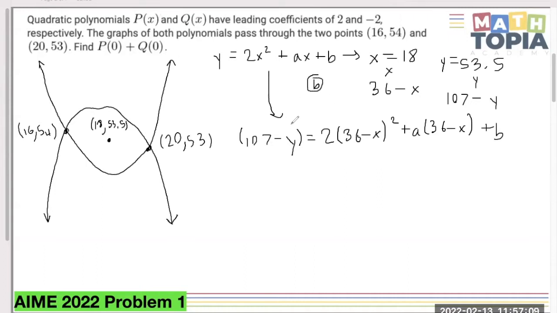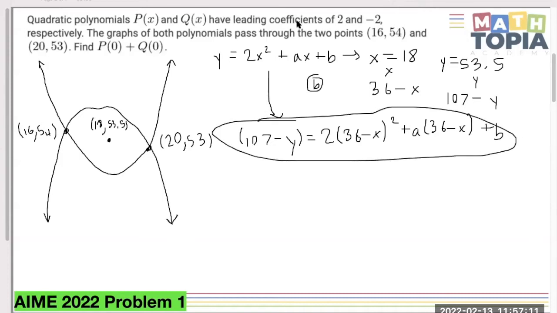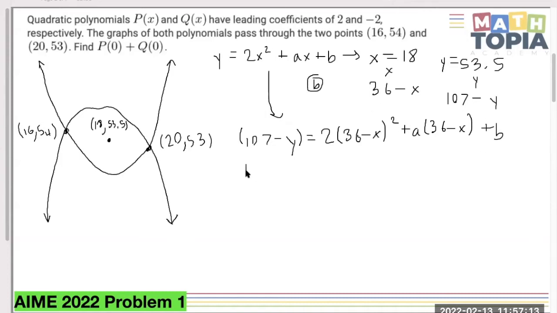And if we plug in x equals 0 over here, we get something a little more computation heavy, but that's okay. 107 minus y is equal to, well, this is just going to become 2 times 36 squared, right? So I'll just write that. And then over here, if we plug in x equals 0, we end up with 36a, and then we add on b.